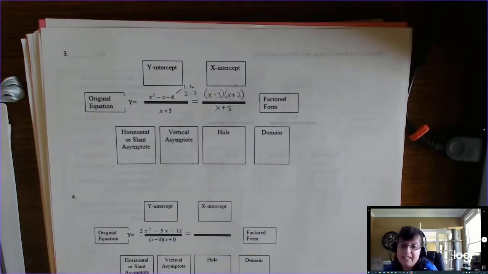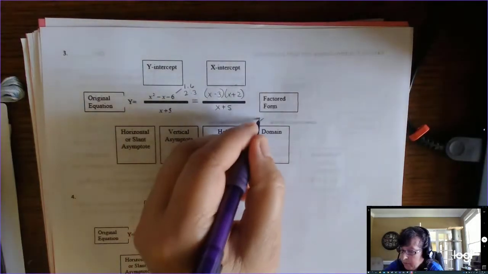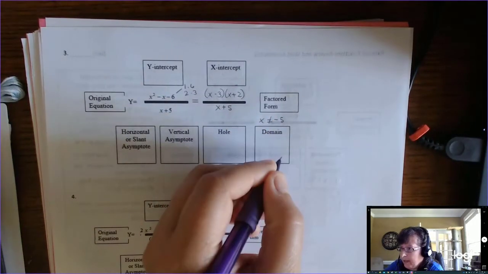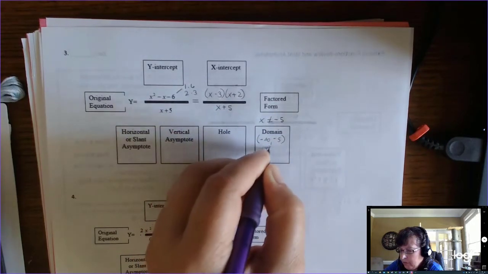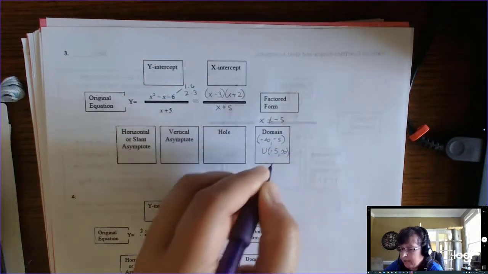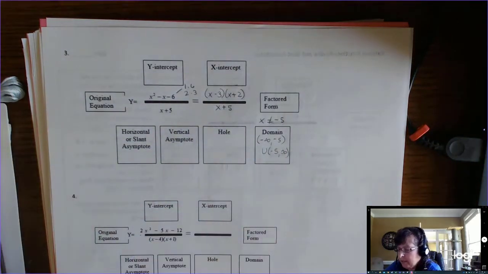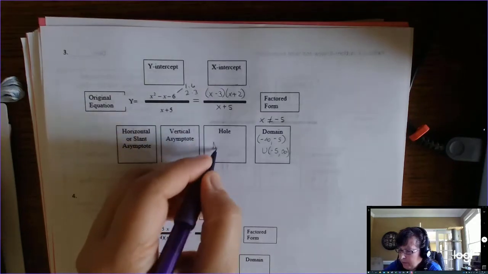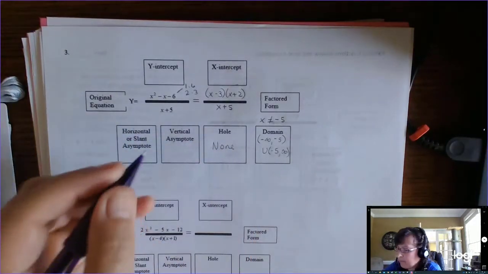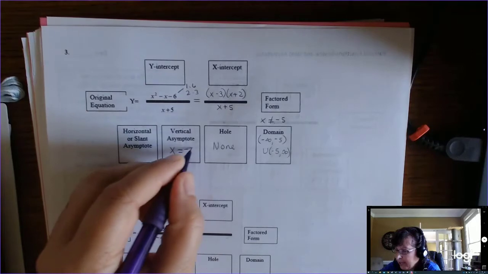And so you can see nothing cancels this time. So our domain restriction, x cannot be -5. So that means that -infinity to -5 union -5 to infinity are all the x's that can be in the function. And since this factor doesn't cancel, there is no hole this time. And there is a vertical asymptote this time.